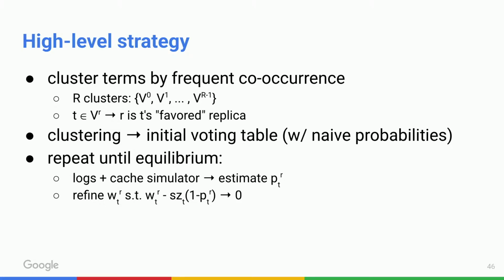We're going to take the logs in our cache simulator and run the logs through the cache to estimate these occupancy probabilities. Then we use that to refine the voting weights, hopefully in such a way that the difference between the old weights and the new weights goes to 0. That's the strategy: get some good initial thing and then do basically gradient descent, as it were. What is S_T? It's the size of the postings list for term T.